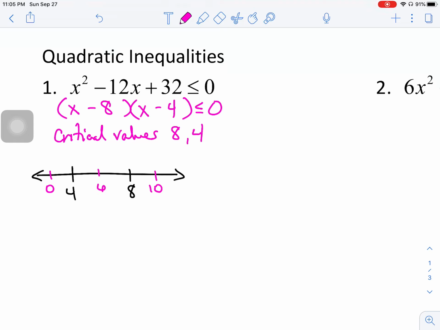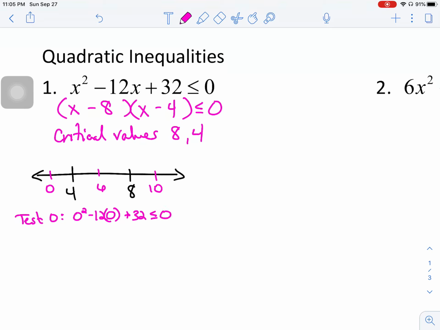And when we test this, what you're doing is you're testing this value in the original inequality. Not your factored form, nothing to do with the critical values, but back in the original inequality. So if I test 0, I would have 0 squared minus 12 times 0 plus 32 is less than or equal to 0.